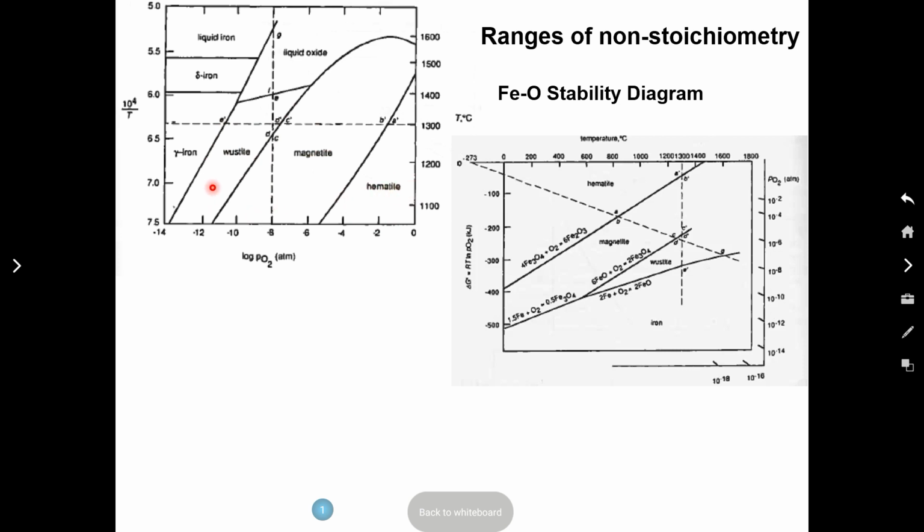Iron is a metal, and depending on the oxidation condition, which is controlled by PO2 and temperature, you can make either wustite, FeO, which is an insulator, or hematite, Fe2O3, which is a wide band gap semiconductor, band gap somewhere between 3 and 4 eV. Or magnetite, which is a very good metallic conductor.